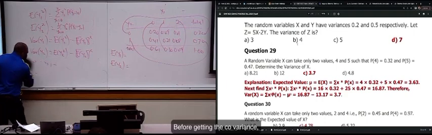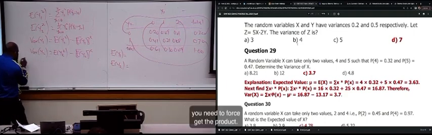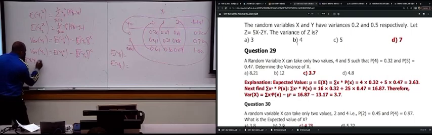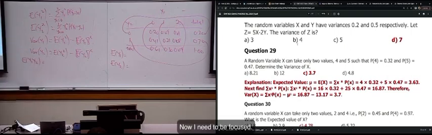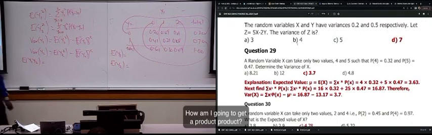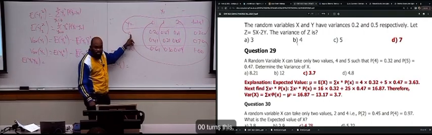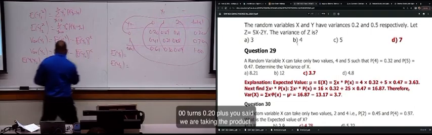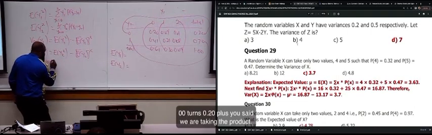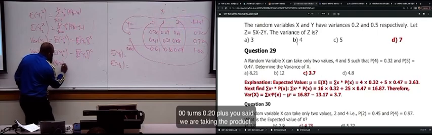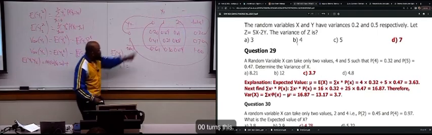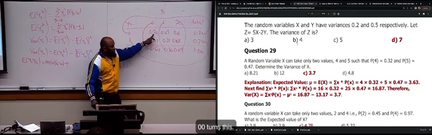Now, how am I going to get the covariance? Before getting the covariance, you need to first get the product. Now, I need you to be focused. How am I going to get the product? 0, 0 times this. 0, 0 times 0.20 plus, you see the way I'm taking the product? 0, 0 times this.